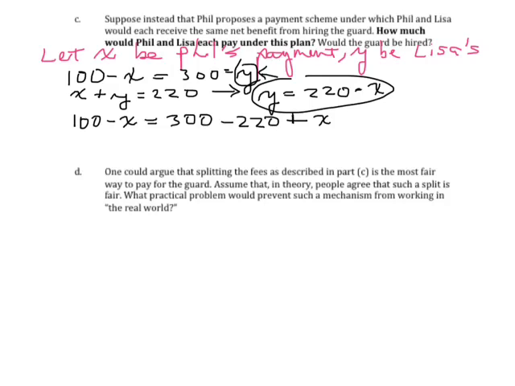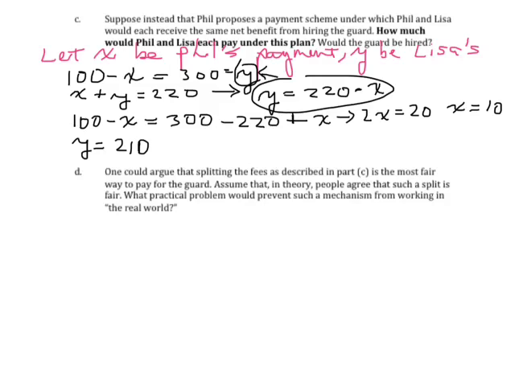All right, so this is our one equation, one unknown. Let's simplify there. We see that boils down to 2x equals 20. That means x equals 10. And y then equals 210.